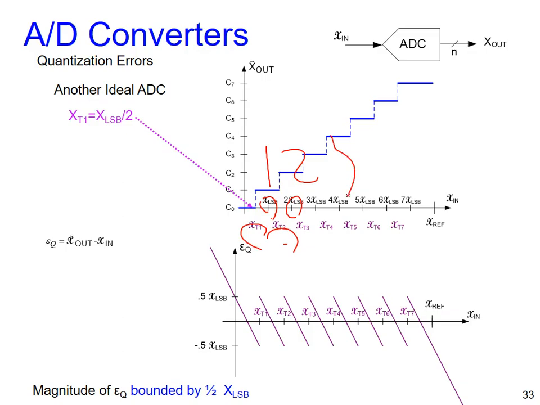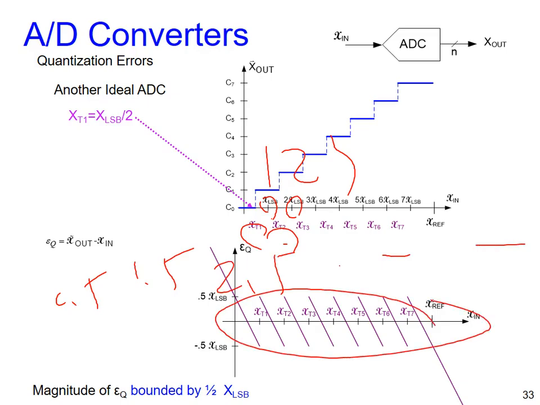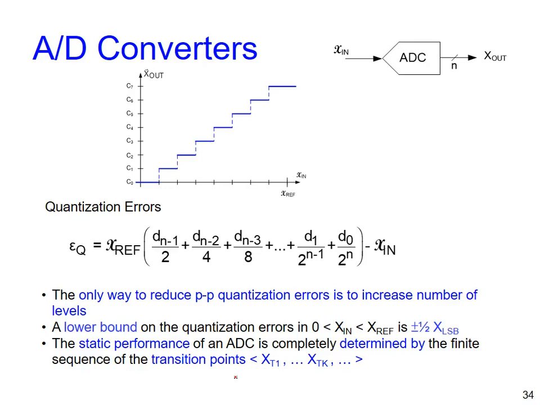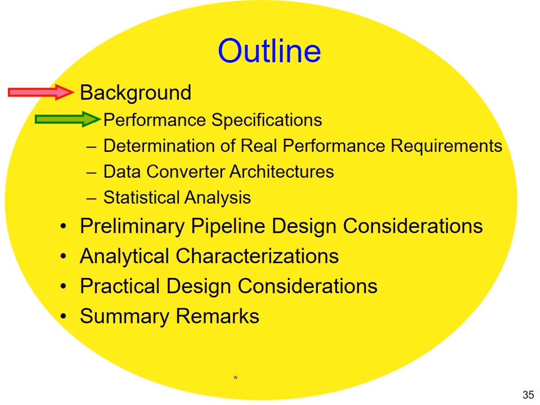So the new transition points should become 0.5, 1.5, 2.5 all the way. Then congratulations. The error for perfect ADC is limited, bounded by half LSB. But it's still not zero. It's really upset. Okay? Anyhow.